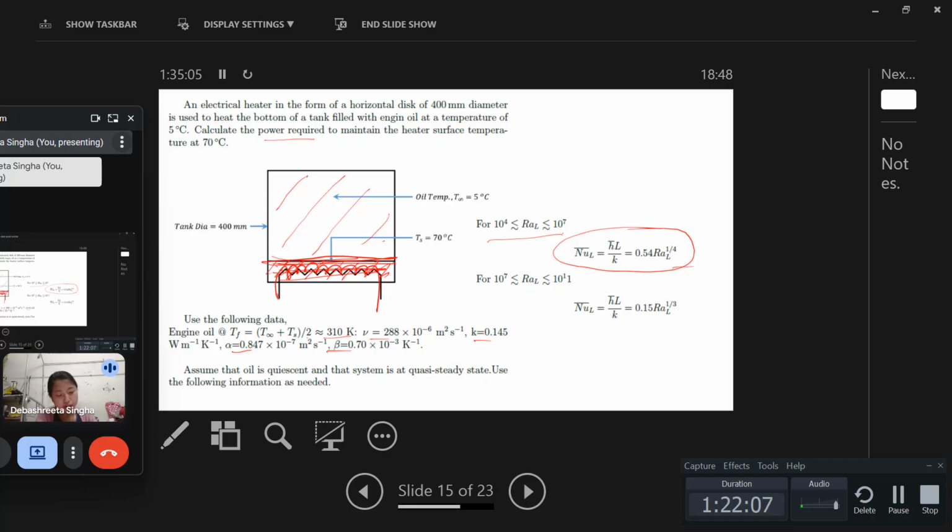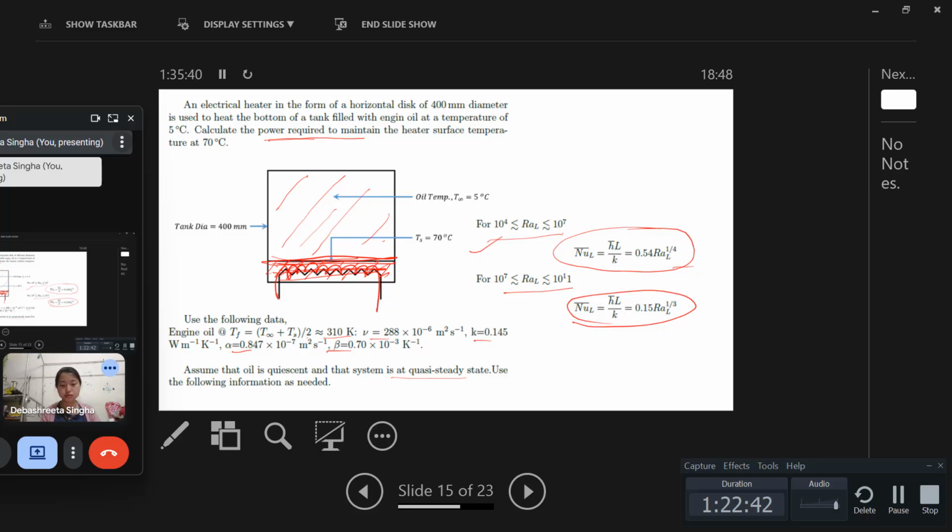For Rayleigh number from 10 to the power 7 to 10 to the power 11, you should use this relation. Assume that the oil is quiescent and that the system is at quasi steady state. Use the following information as needed. So it is quiescent, that means it is steady, it is not moving. Then what is the power required to maintain the heater surface temperature?